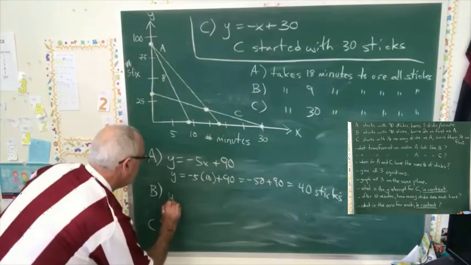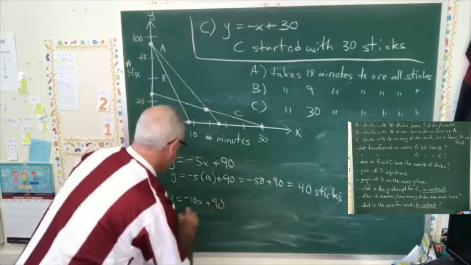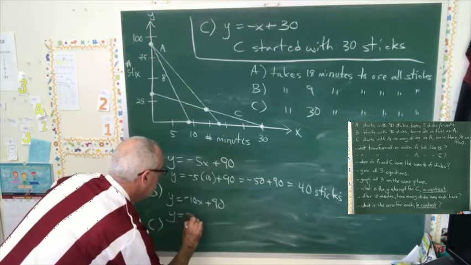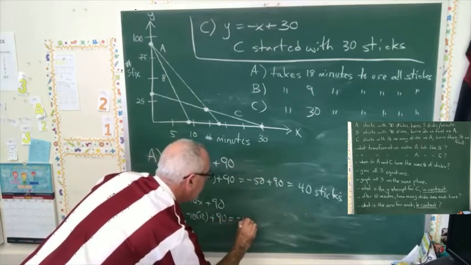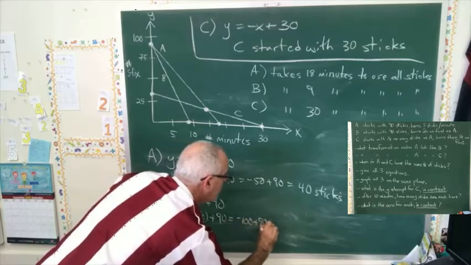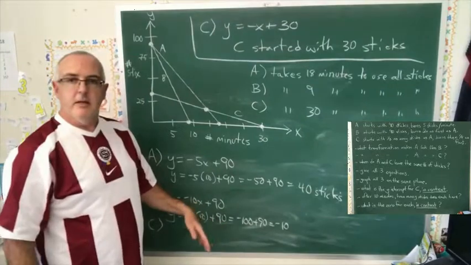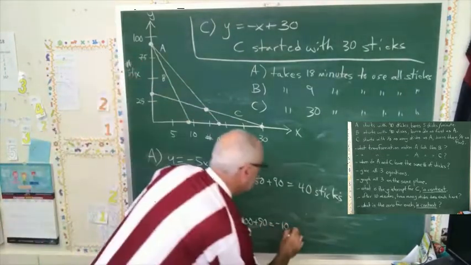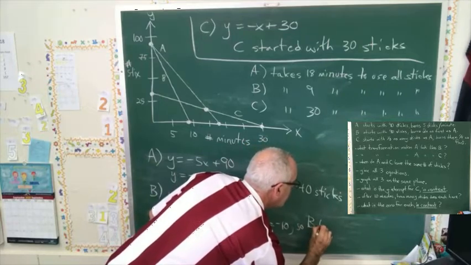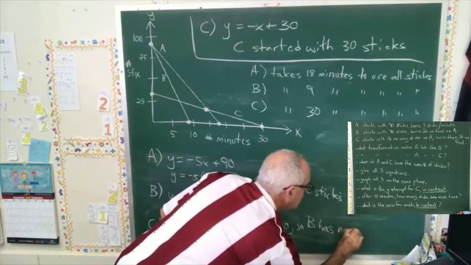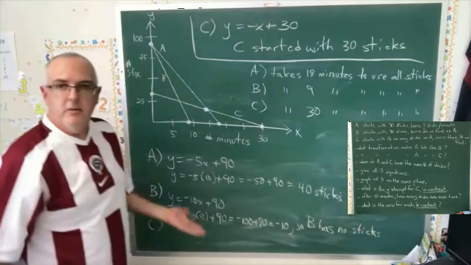B, y equals negative 10x plus 90. Y equals negative 10 times 10 plus 90 equals negative 100 plus 90, equals negative 10. Negative 10, that doesn't make sense. You can't have negative 10 sticks. So, B has no sticks left after 10 minutes, of course.